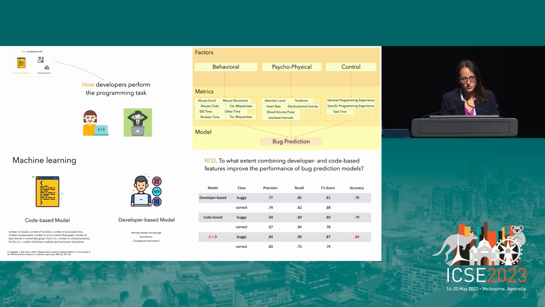I also have to say that whenever biometrics and this kind of personal cognitive or emotional status come into play, it is very hard to generalize. Still, this study showed that this kind of information might contribute to the performance of the classifier.